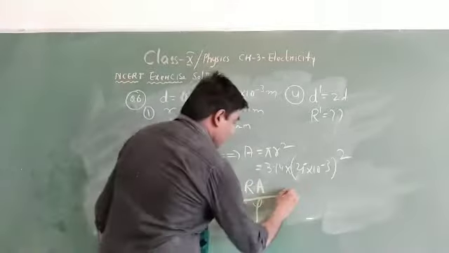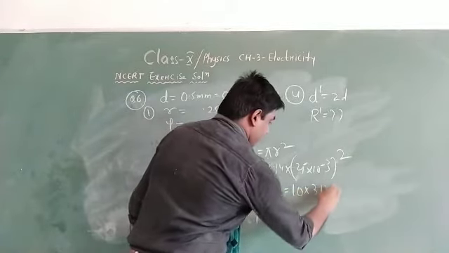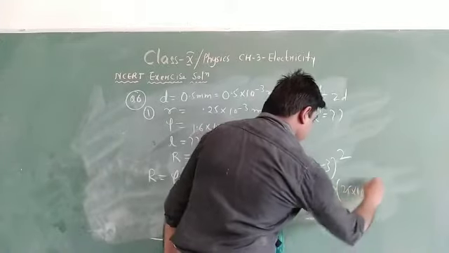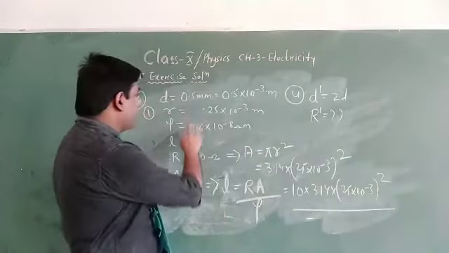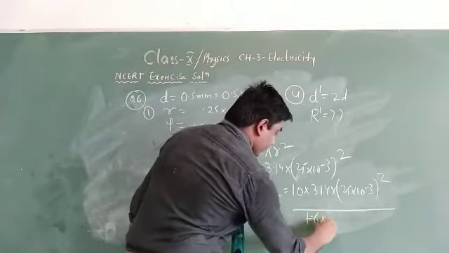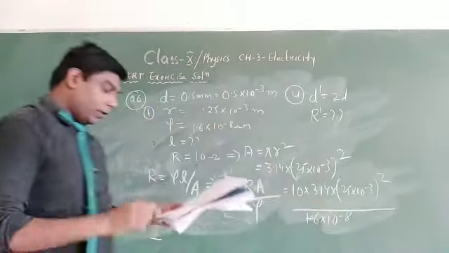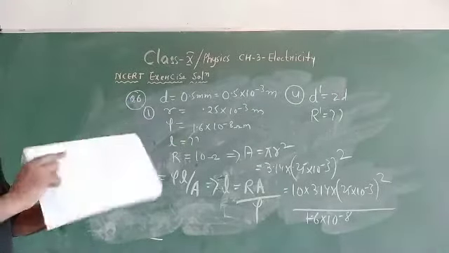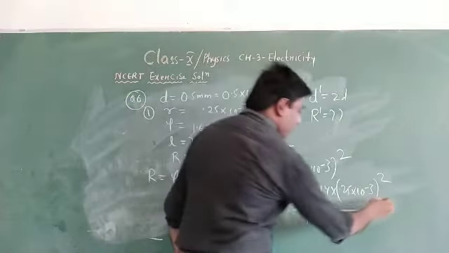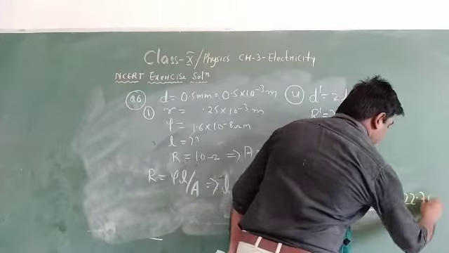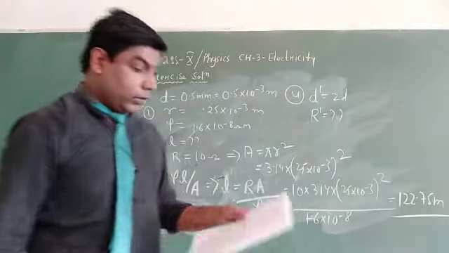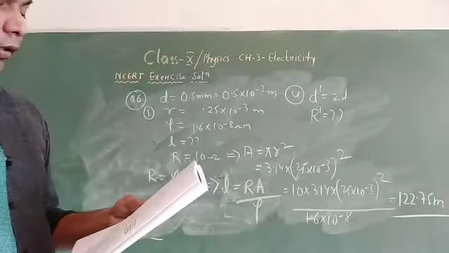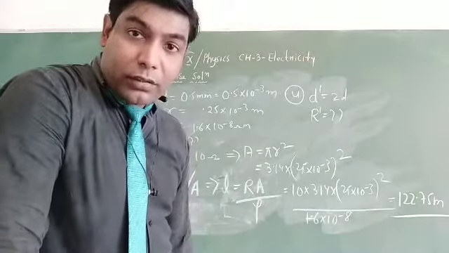Area is, just I am simplifying, and resistivity is, just you have to simplify, right? And you will get the length that is equal to 122.75 meter, right?